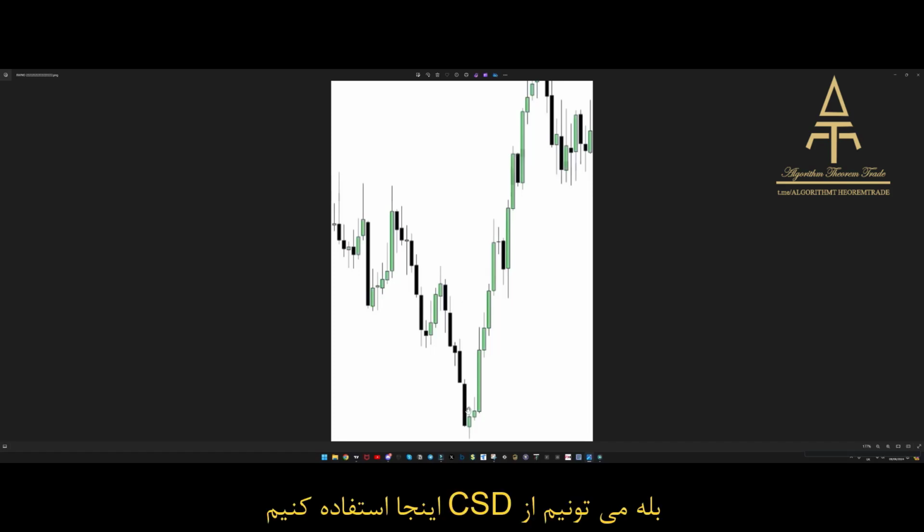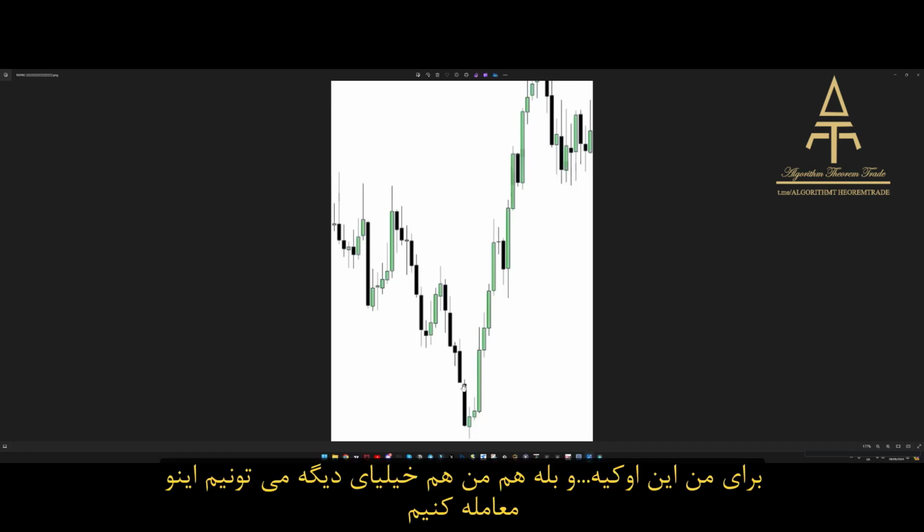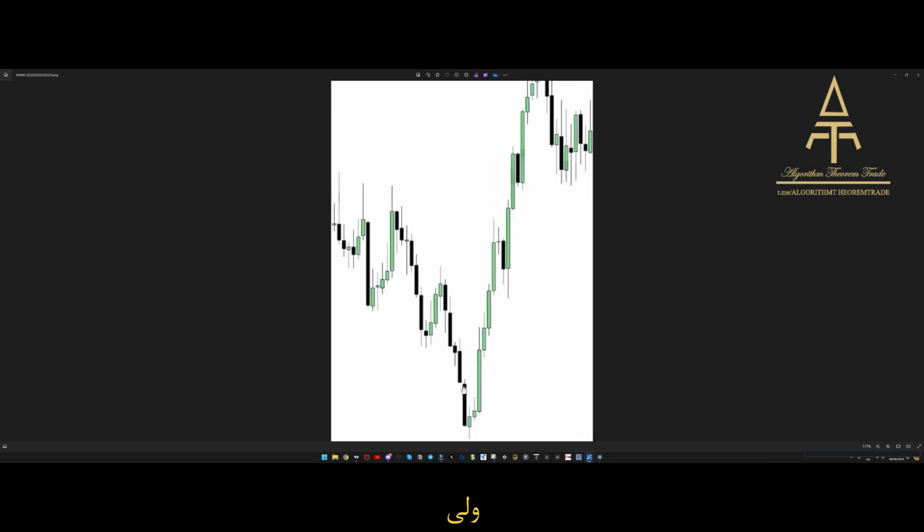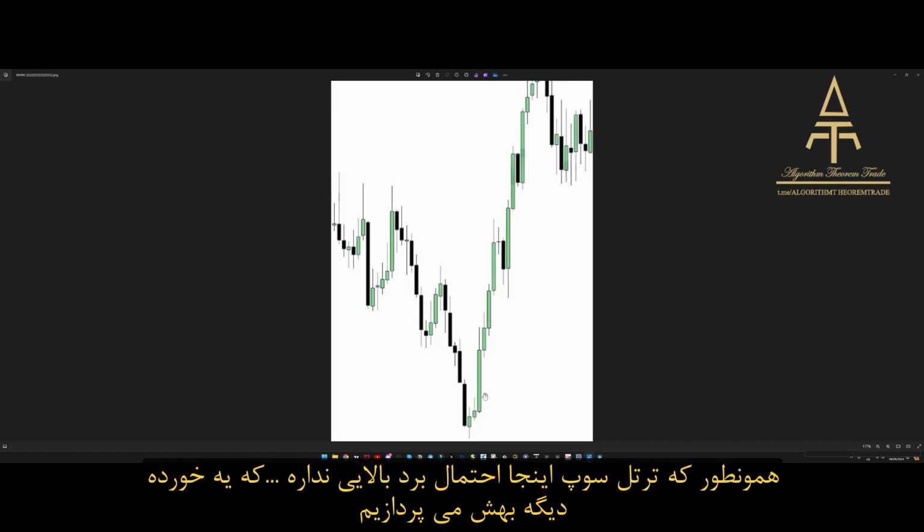Yes, we can use CSD right here, what most people call CSD. For me, this is okay, and yes, I can trade this, and so can many people, right? But this is not high probability right here. The same as the Turtle Soup is not high probability, which we'll get into shortly.